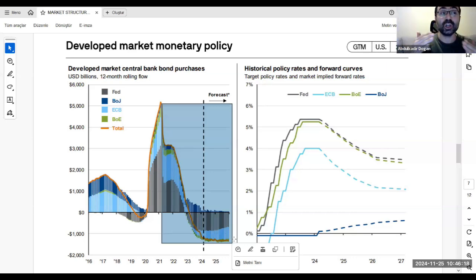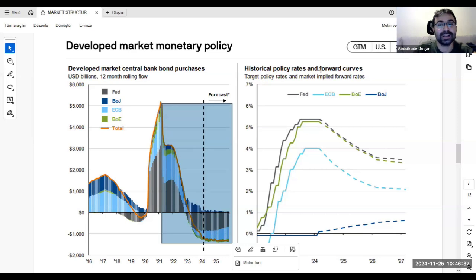So there is no need to buy additional assets from the market. What we need, we will sell the bonds in our current portfolio in the central banks, and we will start the quantitative tapering process. It is increasing the interest rate.